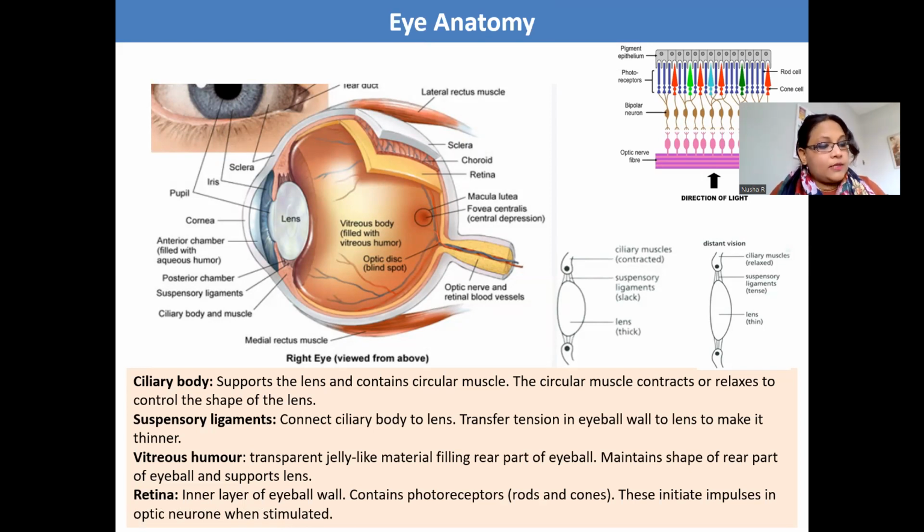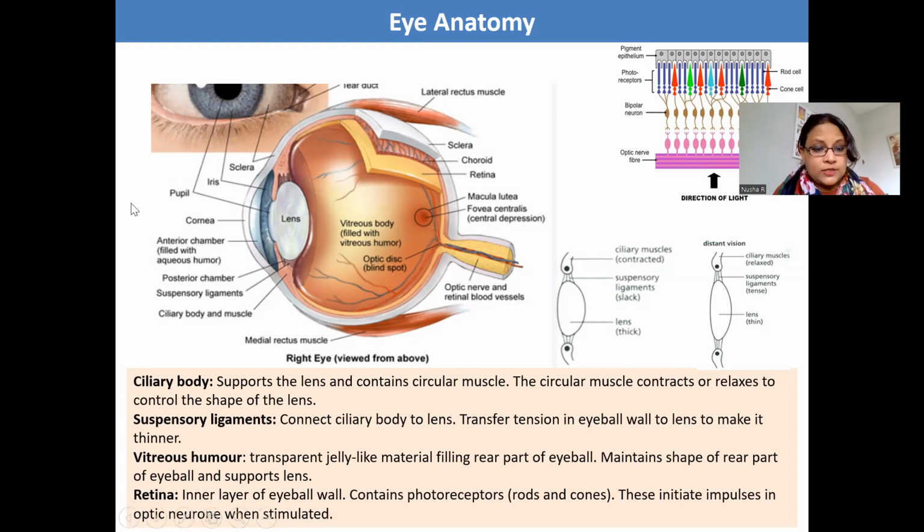Okay, so now let's look at the ciliary body. The ciliary body is this structure over here. This is the ciliary body. It's this structure which supports the lens, and it contains circular muscles. So whenever we talk about muscles, we know what muscles do. They contract, they relax. So that's to do with movement, right?